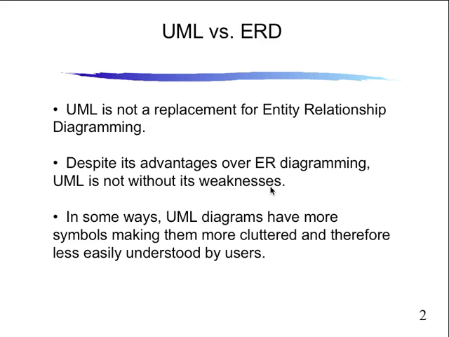So let's take a look at UML versus entity relationship diagramming and kind of conclude with the big picture in terms of what we're doing in our analysis and our design, because this applies to both concepts. UML is not and can never be a replacement for entity relationship diagramming. It doesn't replace it, which is the common mistake a lot of people make, especially when they assume that they're going to implement their project in an object-oriented methodology, or, you know, it's going to be a Java platform item.